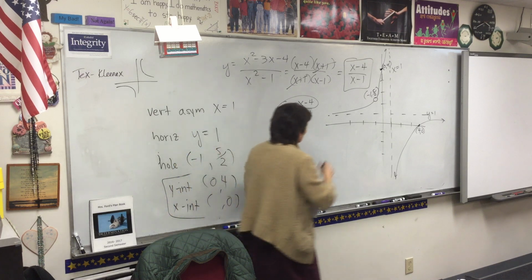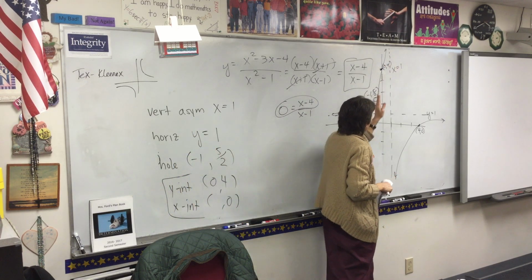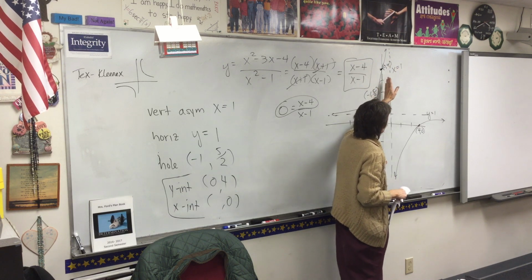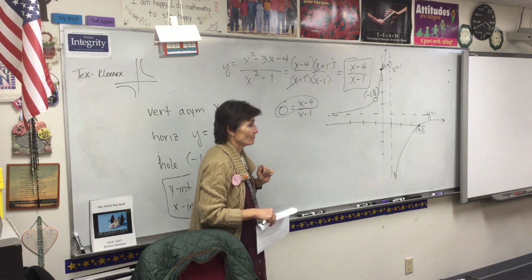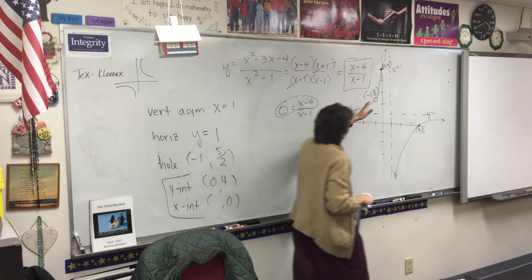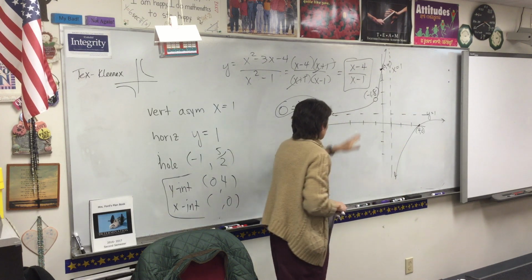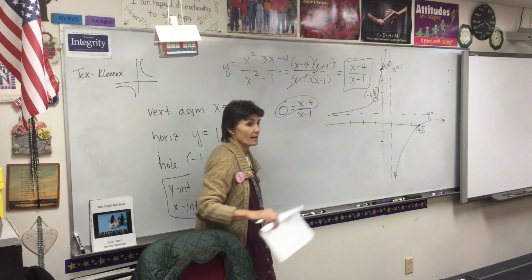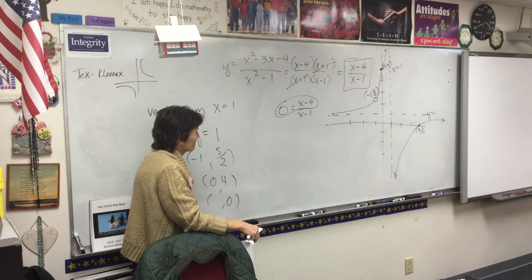So you're going to go through the hole and the intercept, and as you move, you're getting closer all the time to your asymptotes. So as we go up, we're squeezing over toward that asymptote. As we come out, we're getting closer to the asymptote. That's pretty cool.